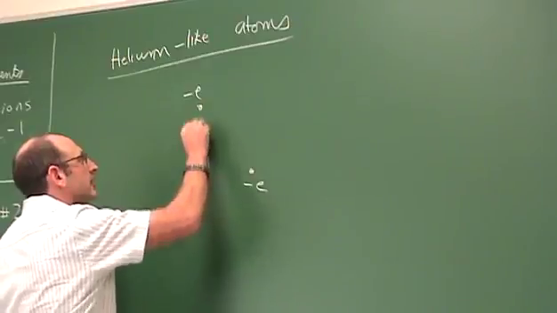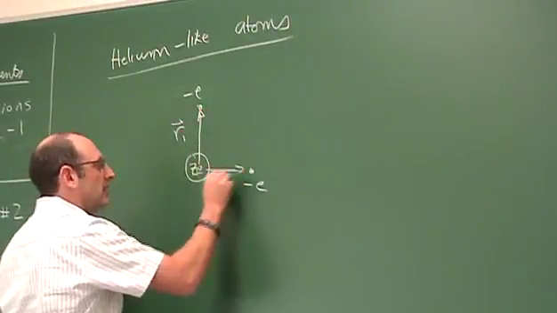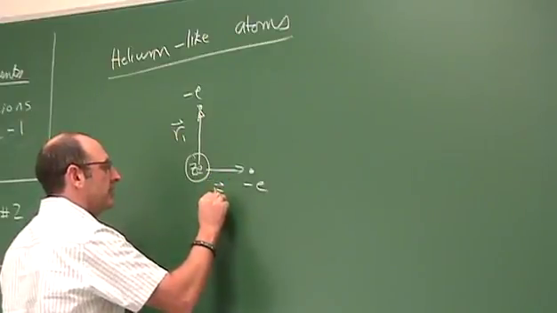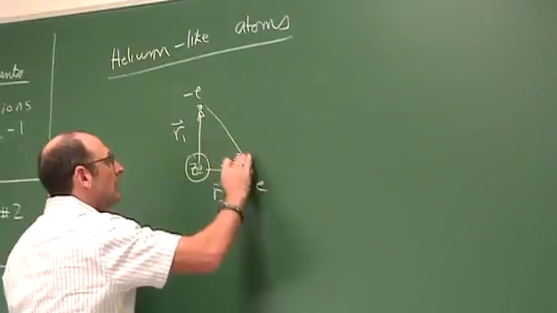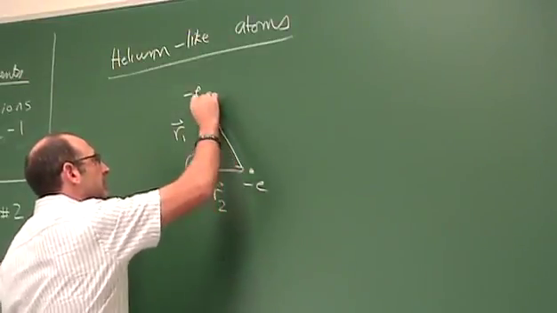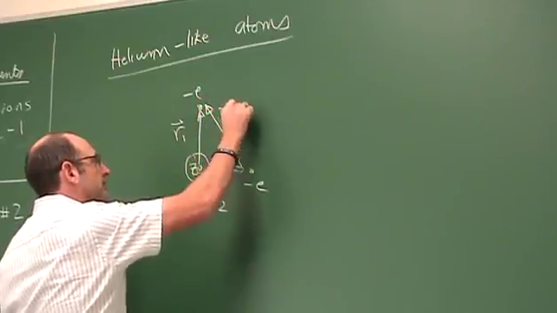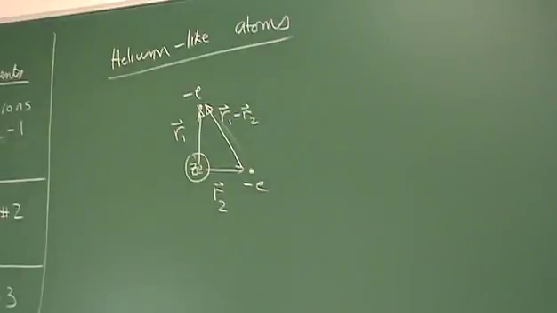So we have now the position of electron 1, the position of electron 2, and some vector between the two electrons.